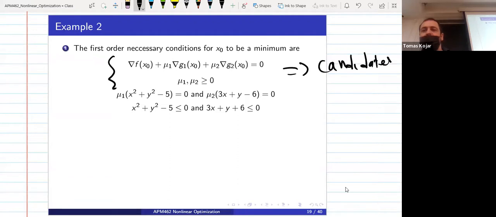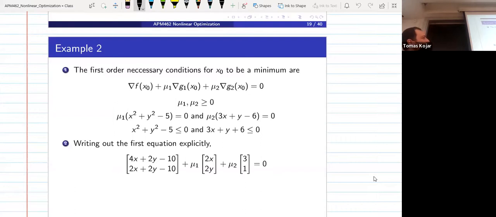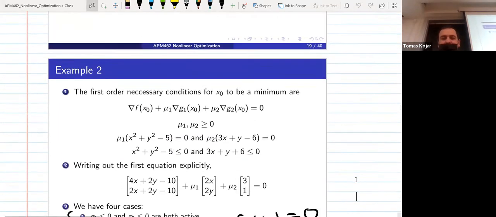The problem is this system is very difficult to solve. Once we write it out, it is difficult because you have 2 equations and 4 unknowns. Sometimes you won't even have a solution. So that's why we have to split cases.